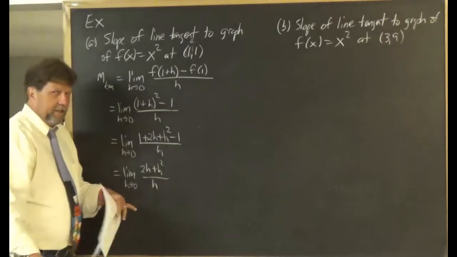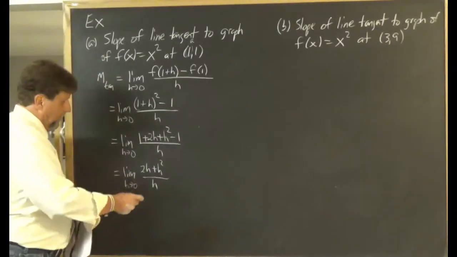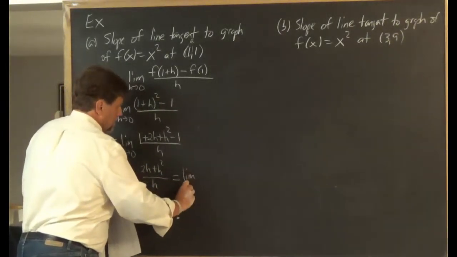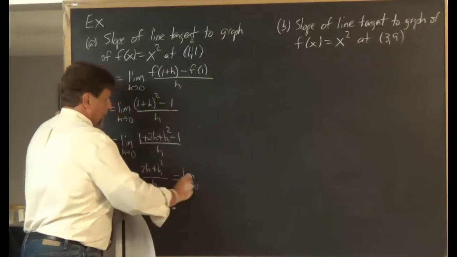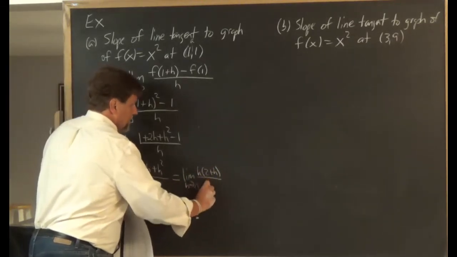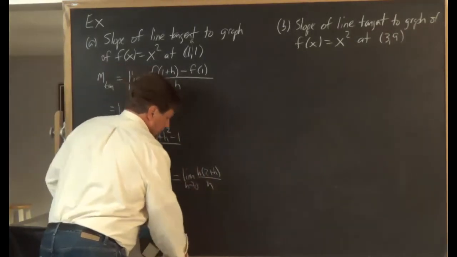And it's still indeterminate form 0 over 0, but hopefully you're saying, well, in the numerator you could factor out an h. So we factor an h out of the numerator, which leaves us with h times 2 plus h. And then since we could factor it out, we can cancel it out.